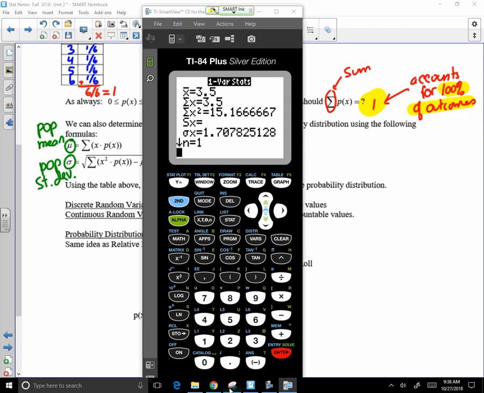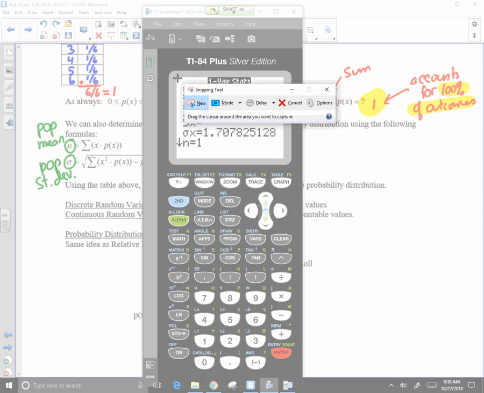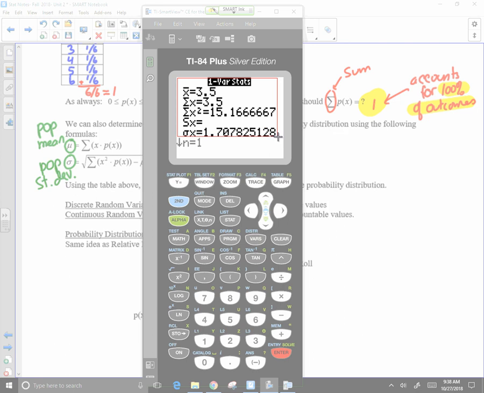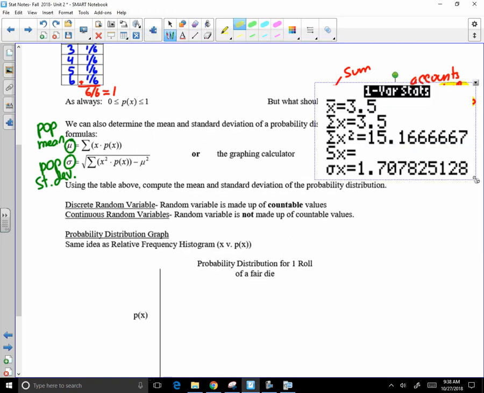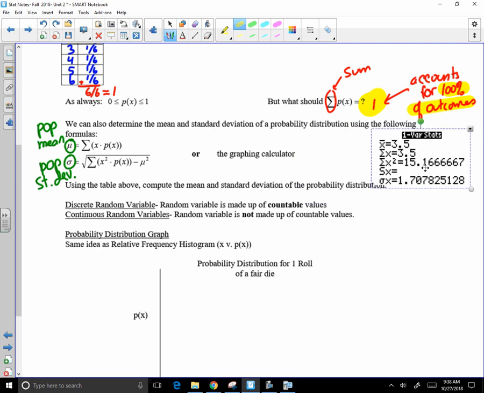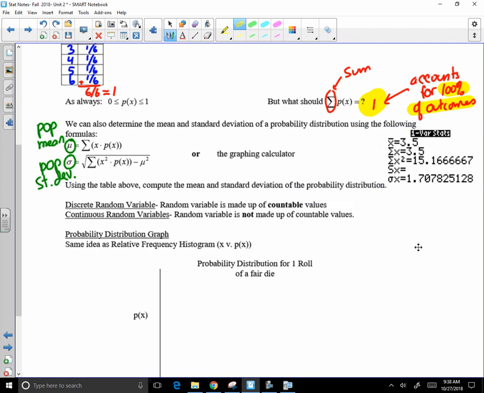The reason why I needed to know the difference between population and sample means is because of this. We were working off of s in the first unit.